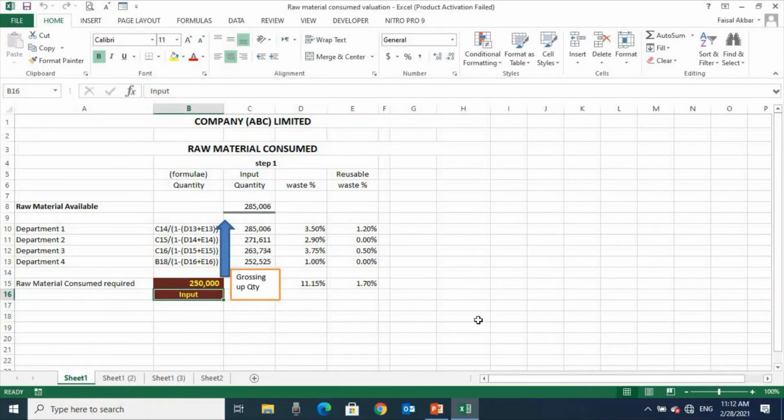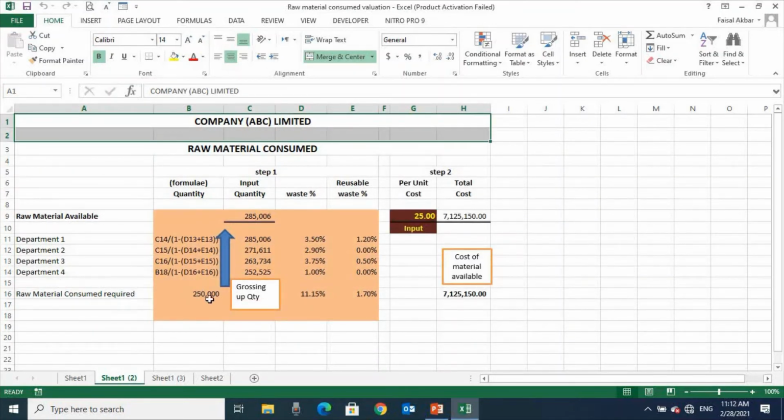Now we come to the example of raw material required to produce 250,000 kgs of a certain type of yarn. In order to produce 250,000 kgs of yarn, we will calculate the raw material to be issued to the first process as input. You can see that we have used the formula of grossing up by adding 1% wastage to the 250,000 kgs.